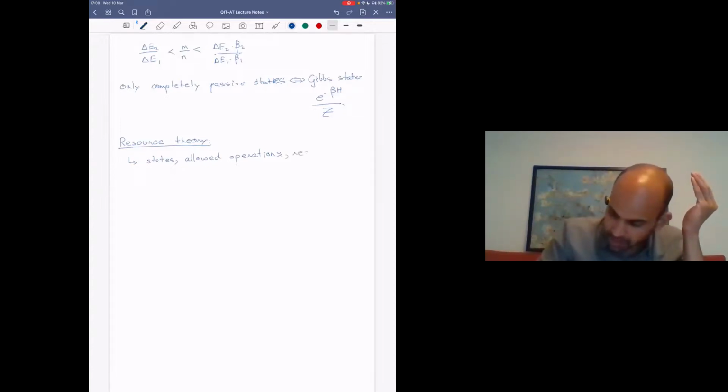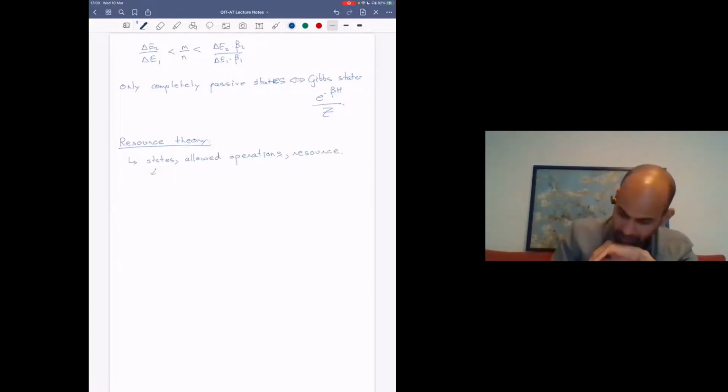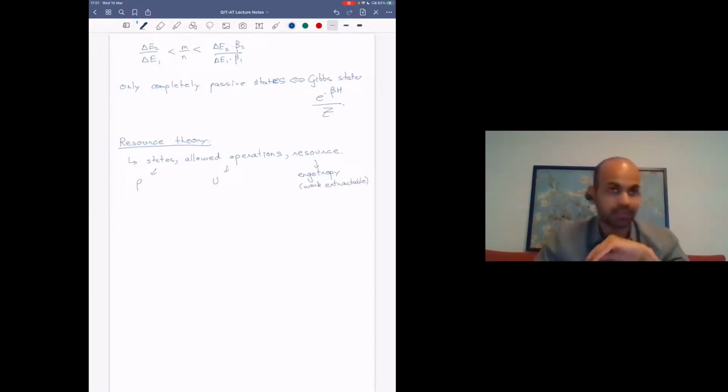And you have some resource that you're keeping track of. In our case, our states were general arbitrary density matrices rho, our allowed operations were unitaries, and our resource was the ergotropy, which is the same as the work extractable from a quantum state.